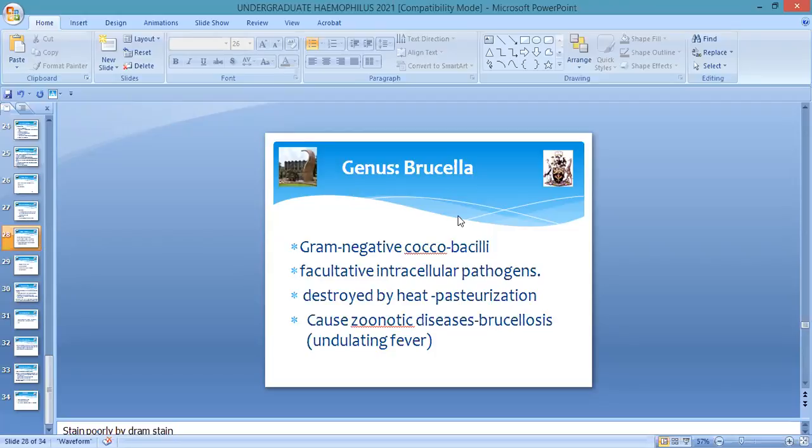They are mostly destroyed by heat, of course, this is where you apply pasteurization. And when this doesn't happen, then you'll have a sporadic spread of brucellosis, which is usually considered a zoonotic disease.